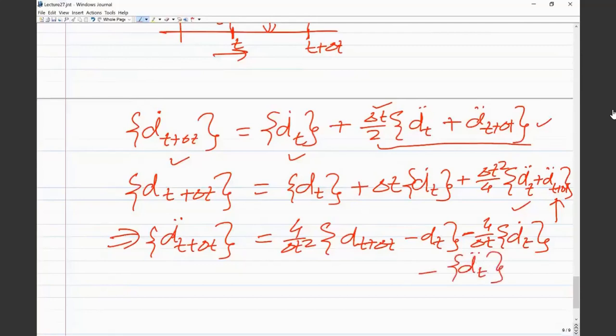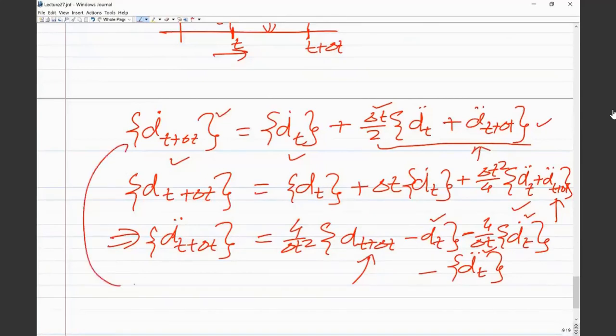So now we have expressed d double dot at t plus delta t in terms of this unknown. These will be known because these are the values corresponding to the previous time step. They are all known. And similarly, once you have got d double dot, in this equation you can put d double dot at t plus delta t and then solve for d dot at t plus delta t.